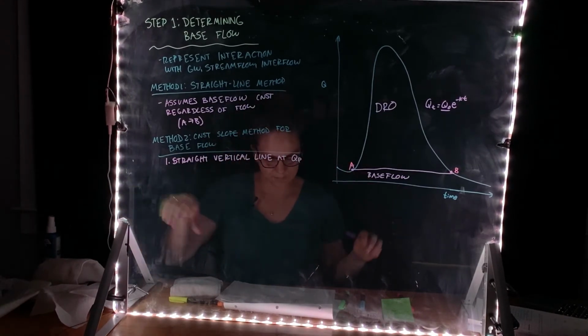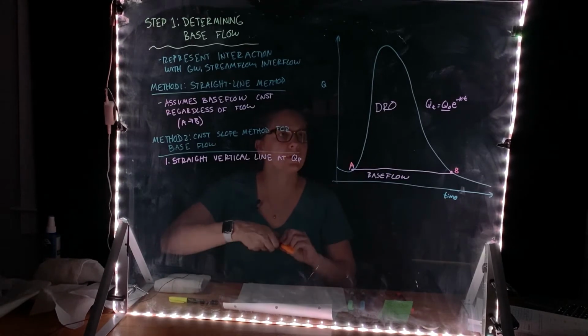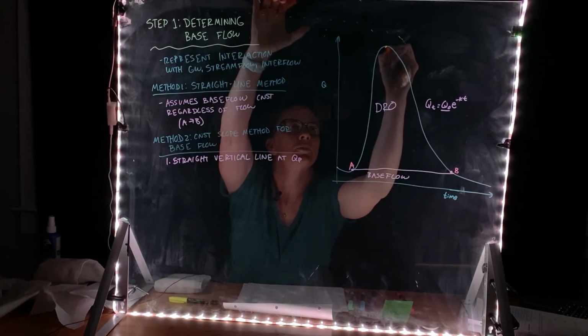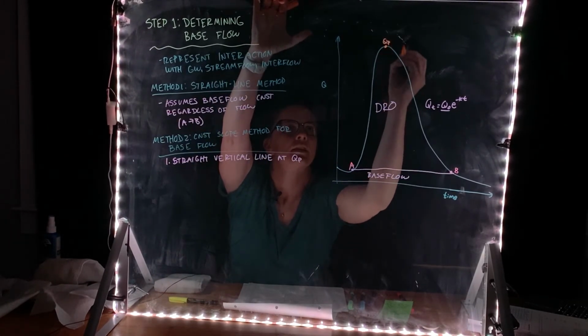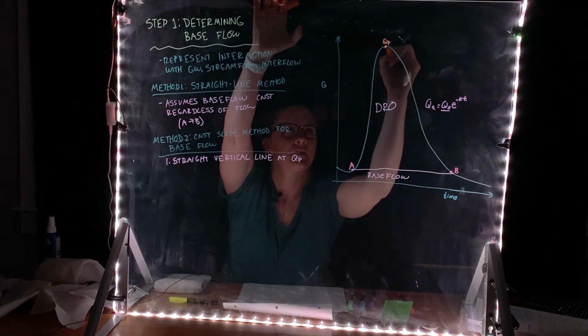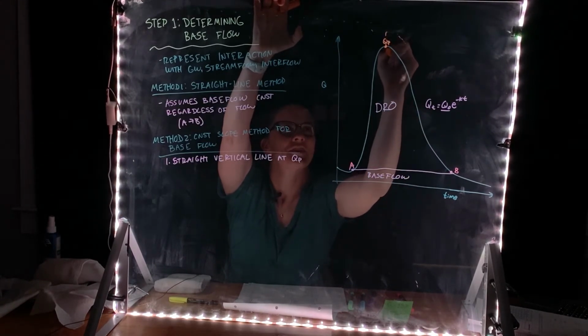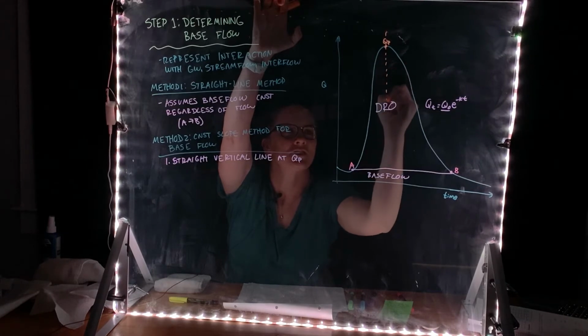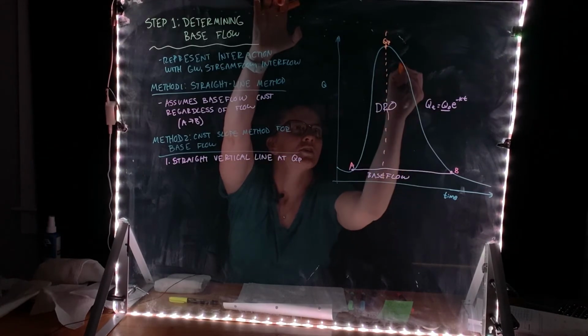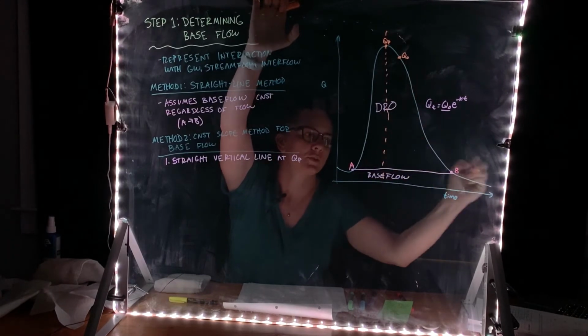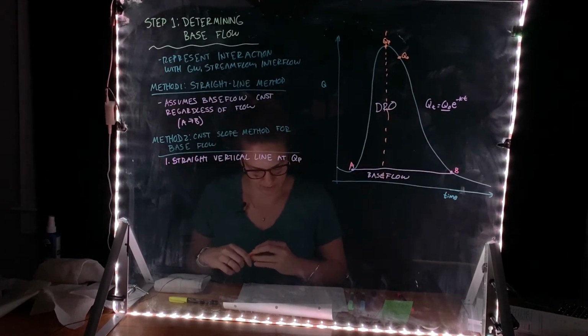Okay, so I'm going to do that with my orange marker here. Here's my QP. I just remember what QO is, the correct answer for QO. So here's my QP. I'm going to draw a straight vertical line. QO is sort of over here, and that's where the recession curve starts.